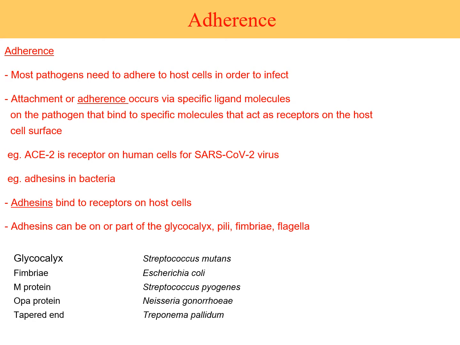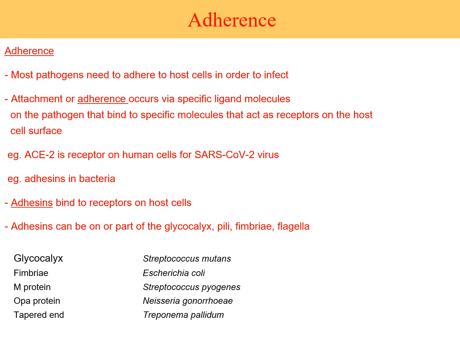Pathogens, as I said, need to adhere to the host cells in order to infect, and they will adhere by binding to a particular molecule. The molecule acts as the receptor on the host cell surface, and the organism has the ligand molecule on it.